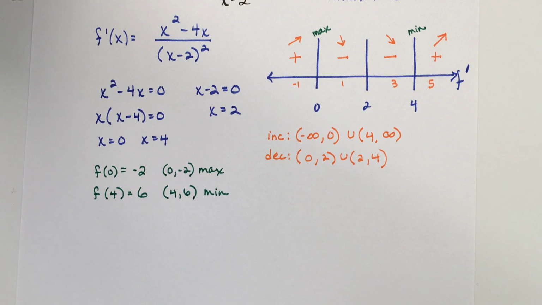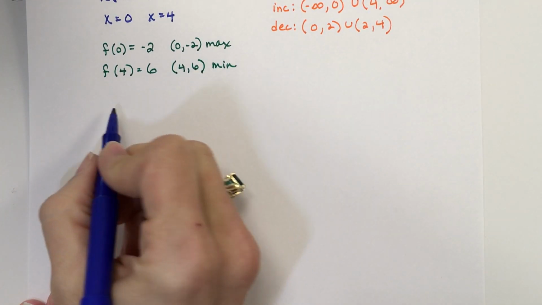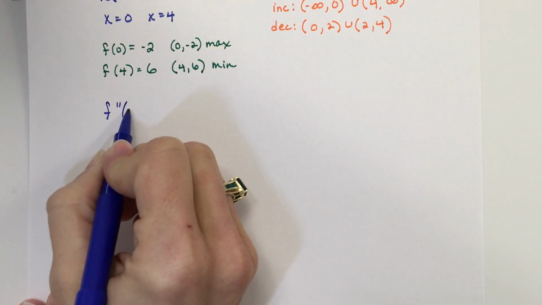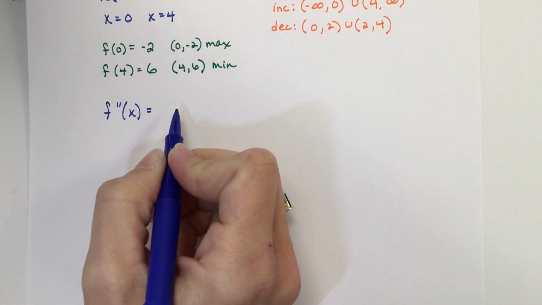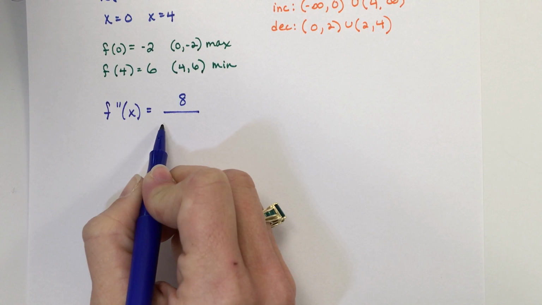Okay, now from here, you're going to be ready to do your second derivative, which is going to require quotient rule again. So my second derivative, after you go through your quotient rule, will simplify to be this.